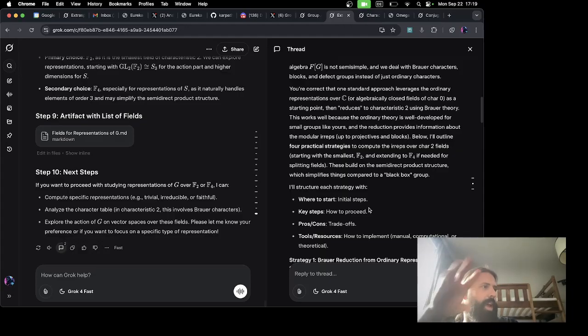If your field doesn't have any modularity to it, then you're done. Then these are your irrep classes, and then these are your blocks, really. Now, what I'm going to try to do is basically the strategy should be: do these and then try to work our way to char 2.